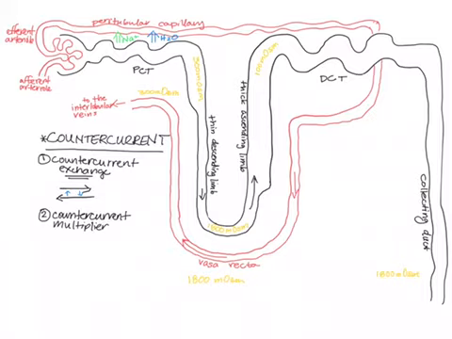So the countercurrent multiplier refers to the great difference in osmolarity we can maintain between shallow medulla and deep medulla based upon this countercurrent flow.